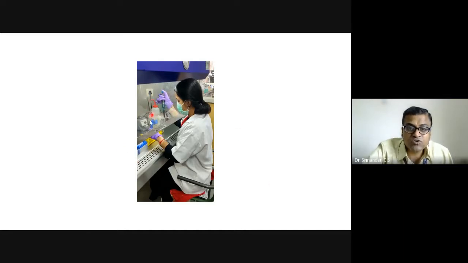So when you work with some organisms or biological things, like in vitro studies, which were shown earlier, you will have to work very properly with gloves and mask, because these are biological things which can spread. They can be more toxic, or they can cause some disease.